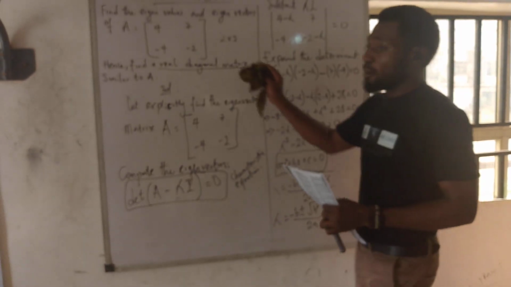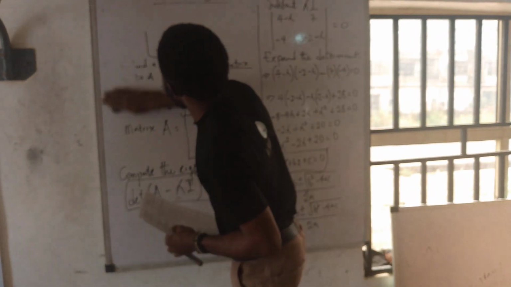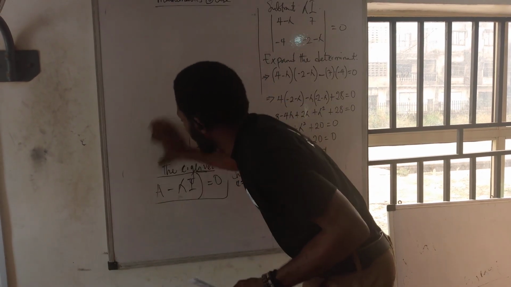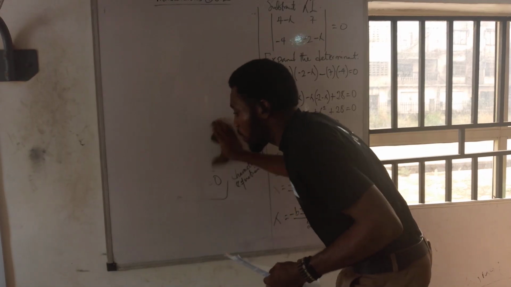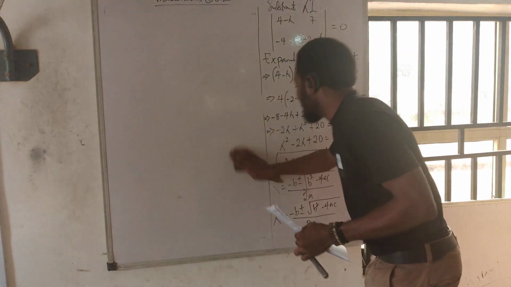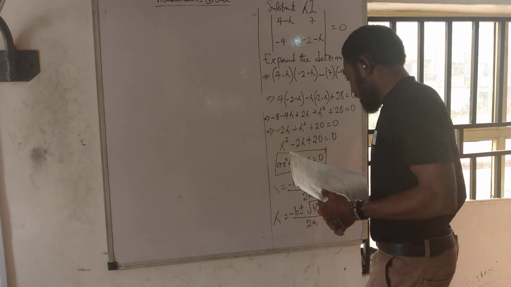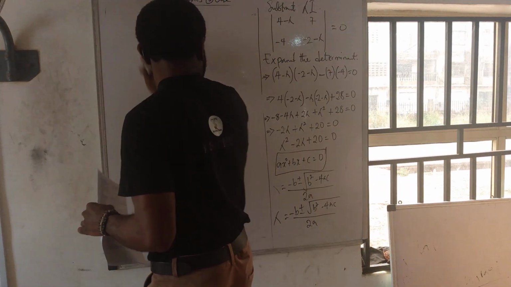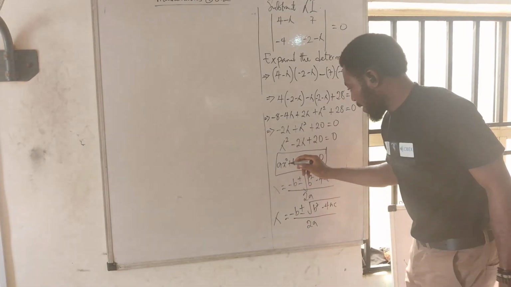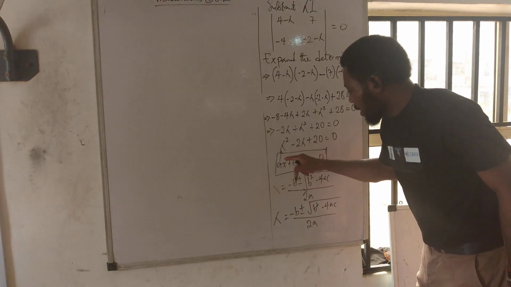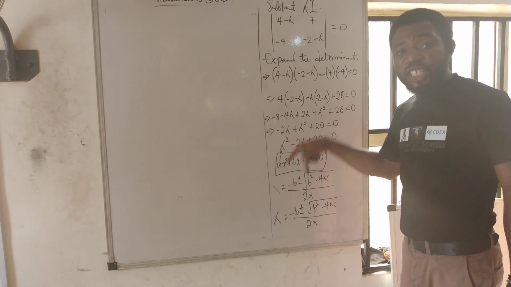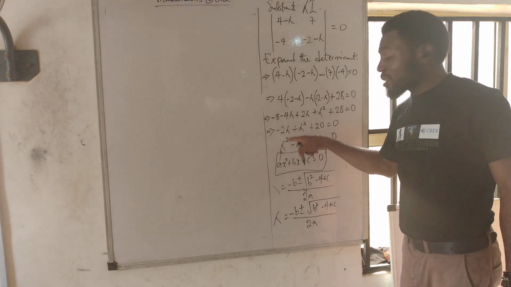What does that mean? Permit me. While solving that quadratically, we have to introduce our quadratic equation. Look at it. What is the value of a here? The value of a is the coefficient of lambda squared.